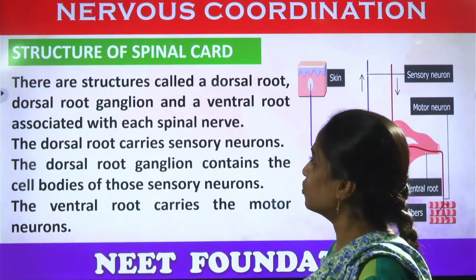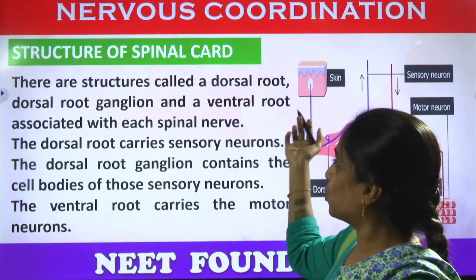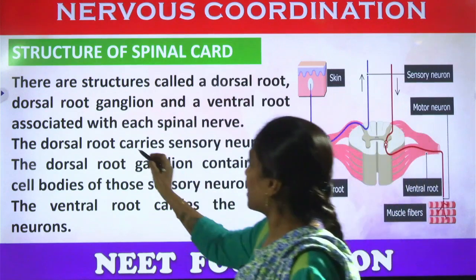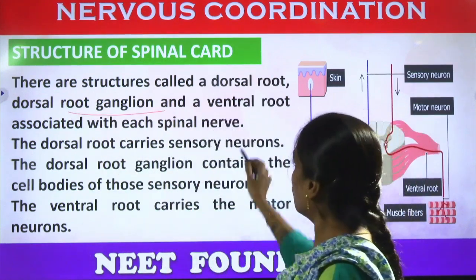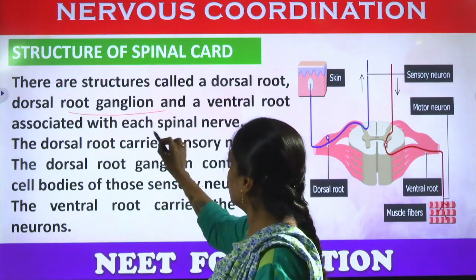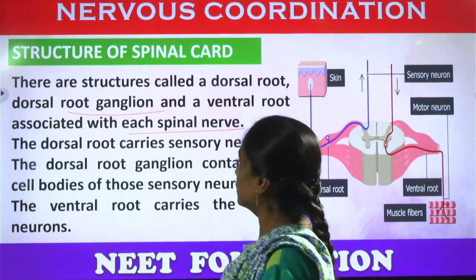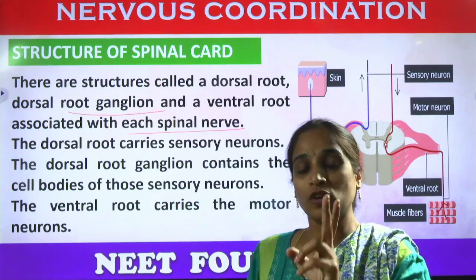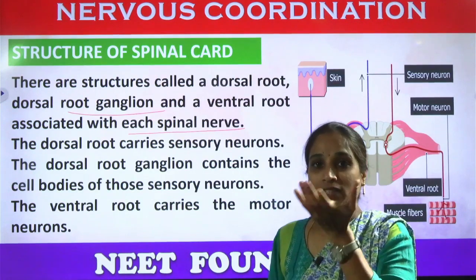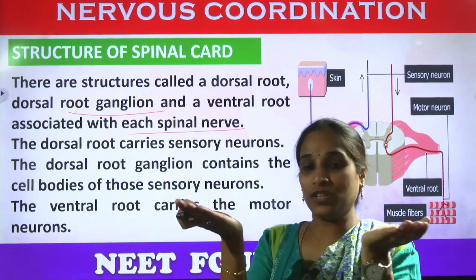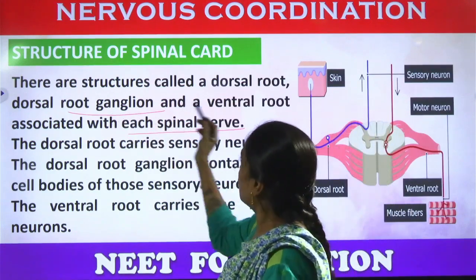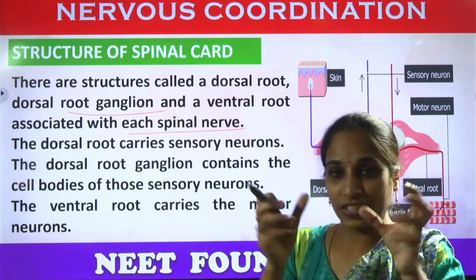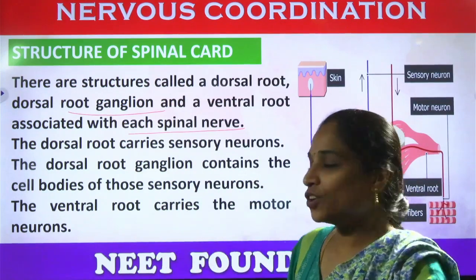Let us see what those are. There are structures called the dorsal root, the dorsal root ganglion, and the ventral root, associated with each spinal nerve. So there are two types of roots present in every section of the spinal cord, the dorsal and ventral roots, arising from the ganglionic structures.